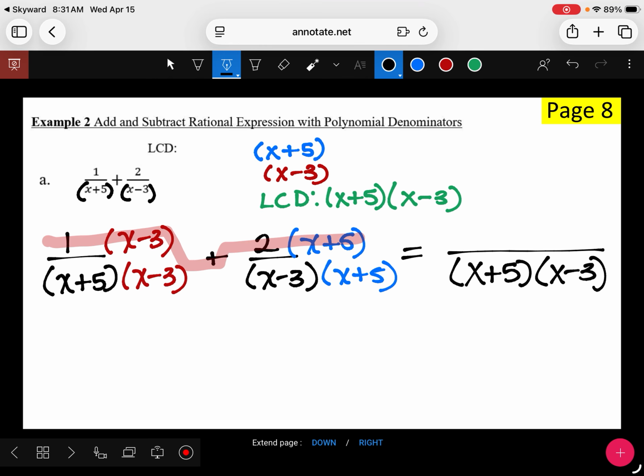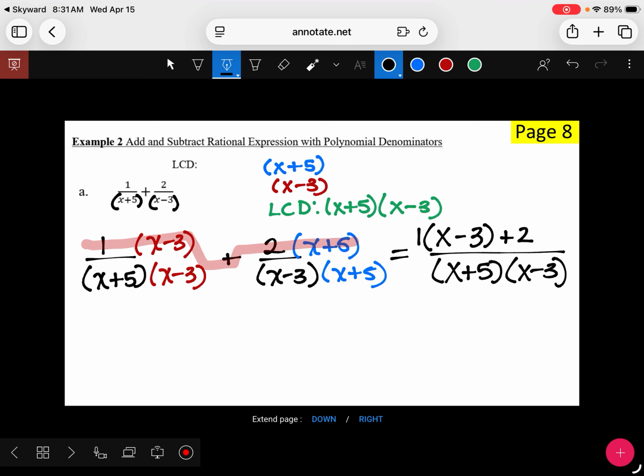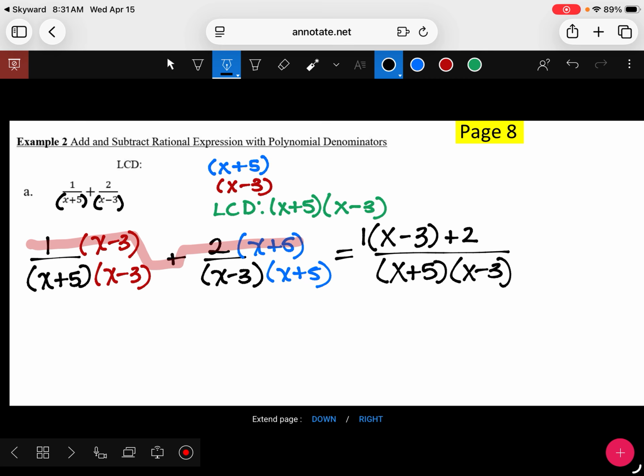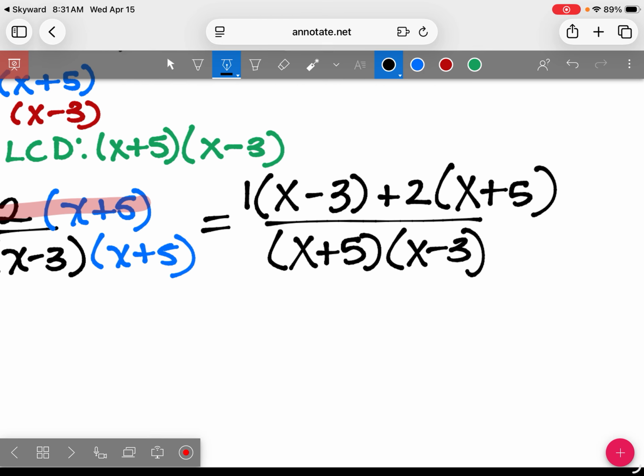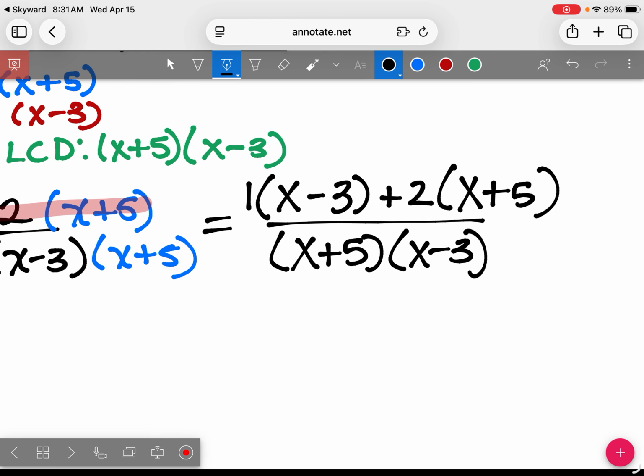So write 1 parentheses x minus 3 plus 2 parentheses x plus 5. Okay, go ahead and distribute. So multiply the first one by 1 and the second parentheses by 2.